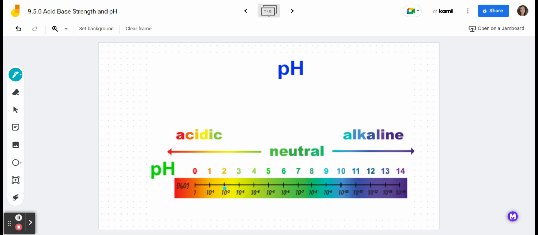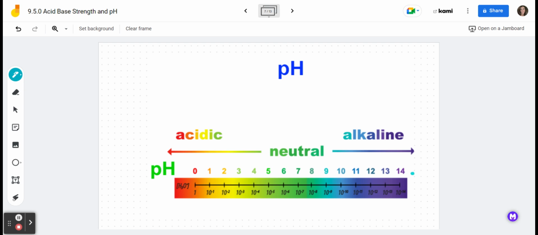If I go to the right, I'm going to get fewer H pluses or hydroniums and more OH minuses. So down here would be pure OH minus, and if you're at a 14, no H pluses. So that's the absence of the hydronium.